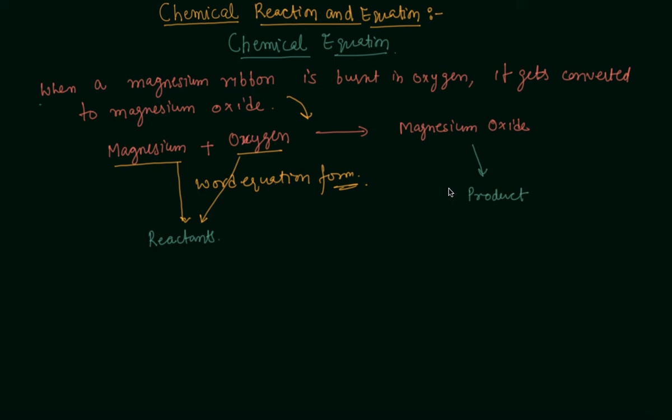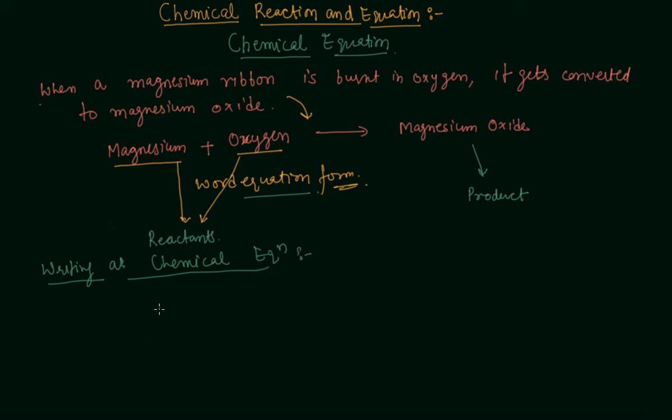Now let me tell you how to write a chemical equation. Now we will discuss writing a chemical equation. This was the word equation form. Now we will write a chemical equation, meaning magnesium and oxygen will take their formulas instead of words.